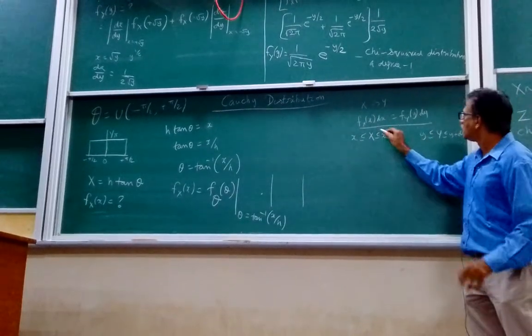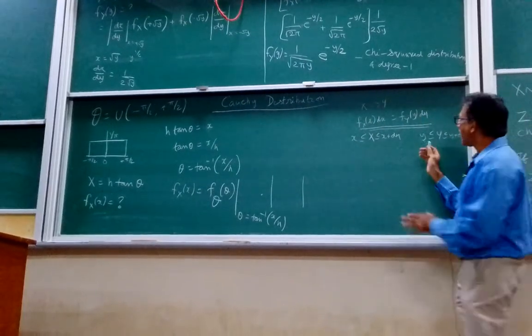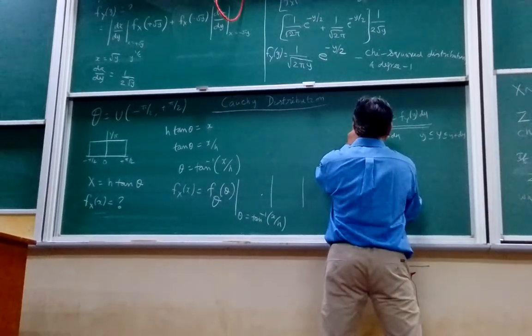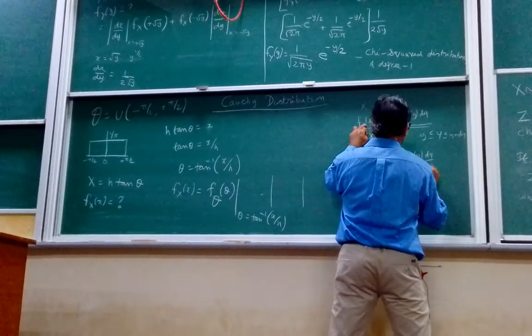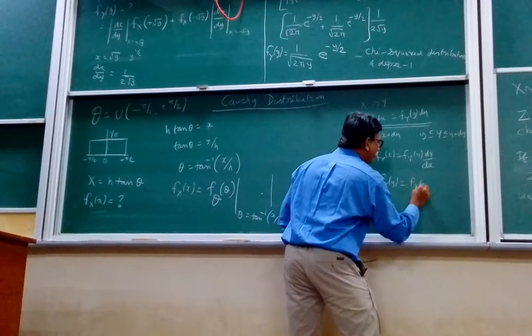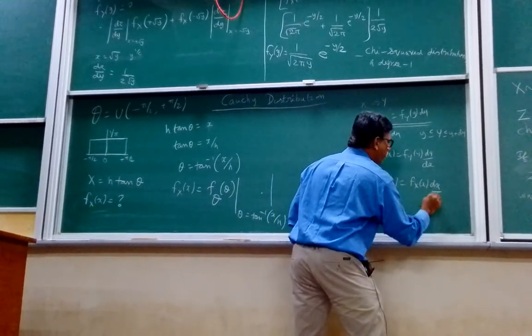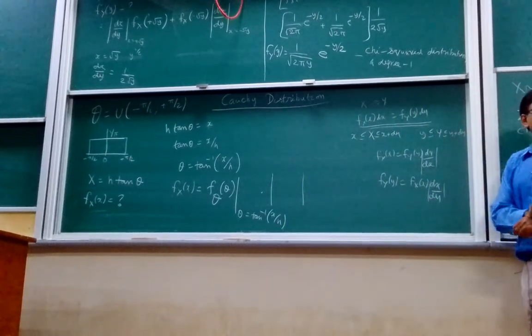This is very important. So this holds good. Very simple. Then in that case, if you want to find fx of x, it is fy of y into dy by dx. If it is fy of y, it is fx of x into dx by dy. That's all you have to do.